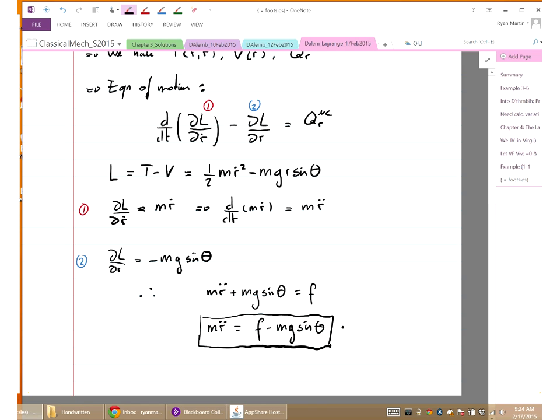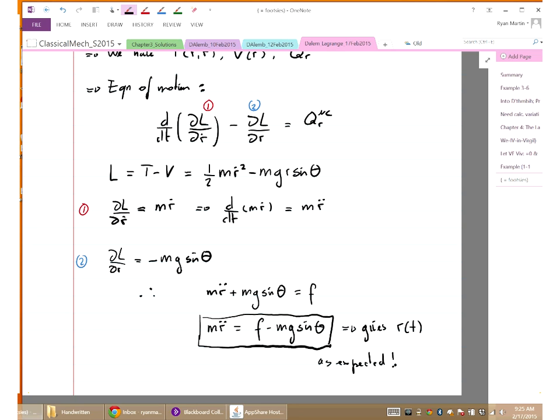So that is the equation of motion, right? That's the differential equation that tells me how R depends on time. So that was the goal. And it's, as expected, I would say, what you would expect from the second law, right?